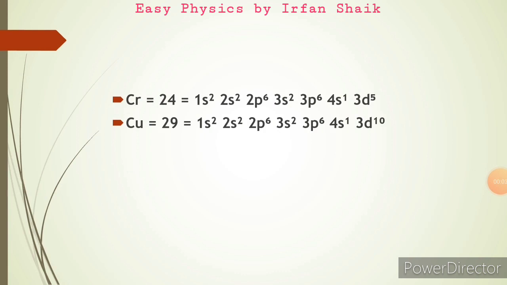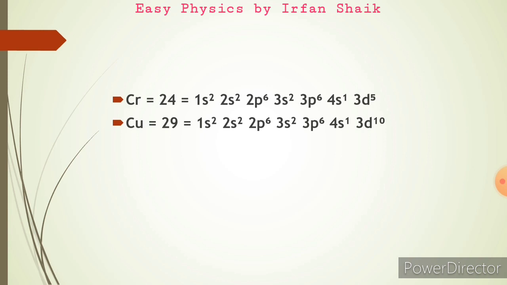Here are some exceptions in the electronic configurations of chromium and copper. See chromium first. Its atomic number is 24. That means chromium has 24 electrons. Actually its configuration should be 1s2, 2s2, 2p6, 3s2, 3p6, 4s2, 3d4. Actually it has to be like this.